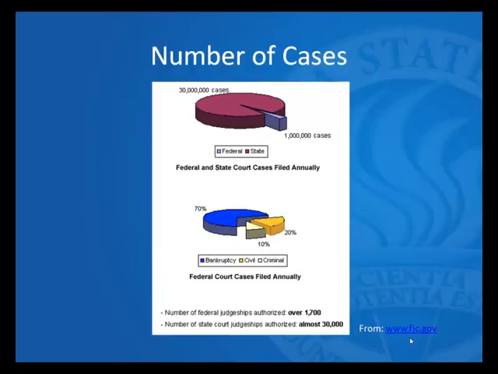Right? And only about 1 in 30 cases is a federal case. So you can see that most of the legal work in this country is done in state courts, not in the federal system. But then if you look at the actual federal cases, that 1 million cases that the feds do annually, about 70% of those, or 700,000 cases, are bankruptcy cases, which is also a pretty staggering number given the population of the United States.